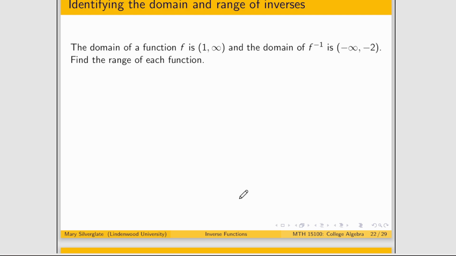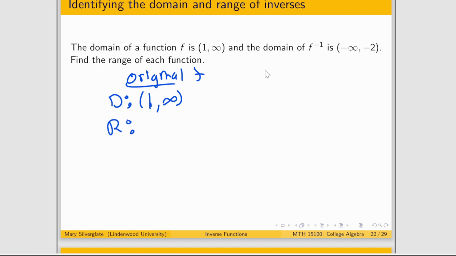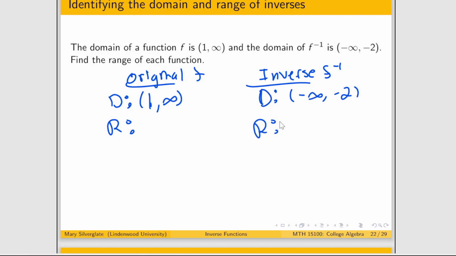And then we can extend that just one step further to talk about the domain and range. So if I say on the original function, the domain is 1 to infinity, and I don't yet know the range, and on the inverse function, the domain is negative infinity to negative 2, and I don't yet know the range, how could I figure out the range?